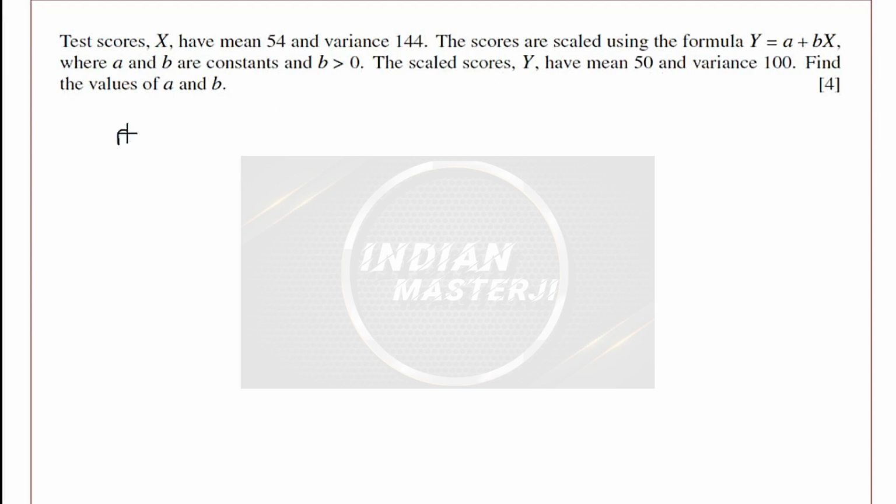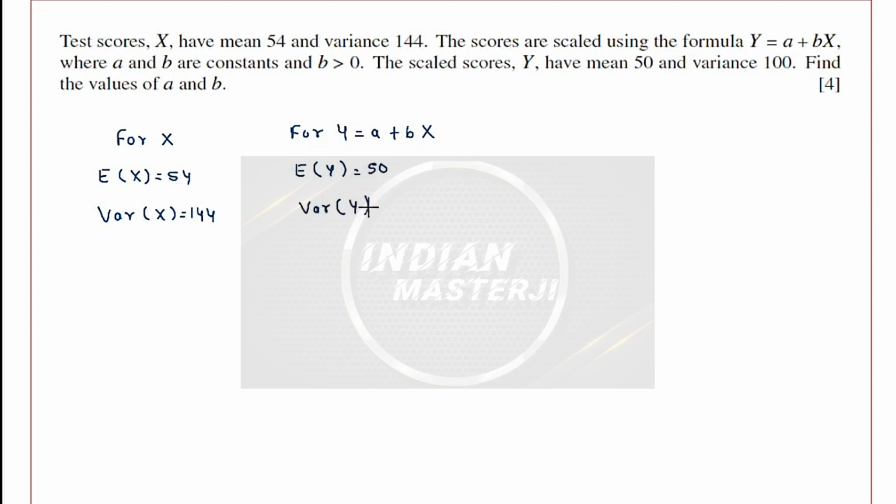So again, for x, mean of x or the expectation of x is 54 and variance of x is equal to 144. For y, which is a + bx, I get expectation of y, which they have given as 50, and variance of y, which they have given as 100.